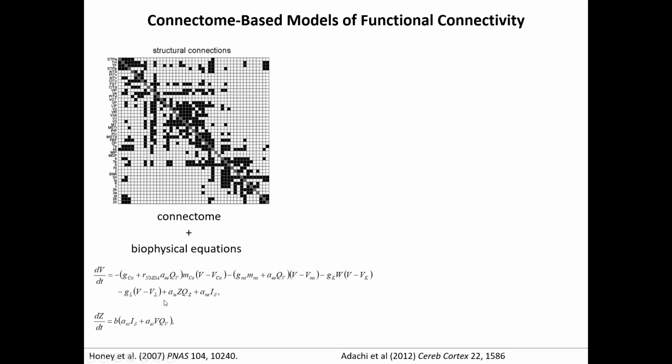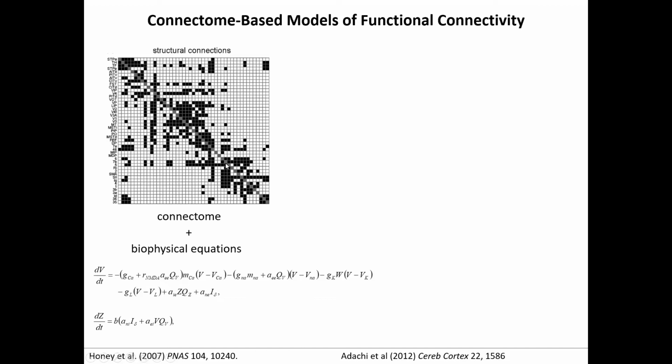In this case, the equations are quite detailed, with individual ionic currents and voltage sensitive channels and so forth coming from electrophysiology. These biophysical equations operate at each node, and they are coupled by this coupling matrix up above. So essentially, that sets up a system of coupled ordinary differential equations.